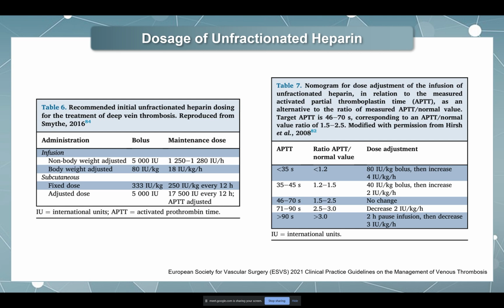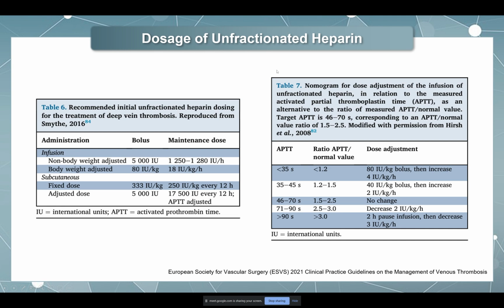Okay. So the recommended dosage for initiation of unfractionated heparin is an infusion. Usually start with IV 5,000 international units for non-body weight adjusted, and for body weight adjusted it is 80 international units per kg. This is the maintenance dose, and for subcutaneous, this is the bolus and the maintenance dose.